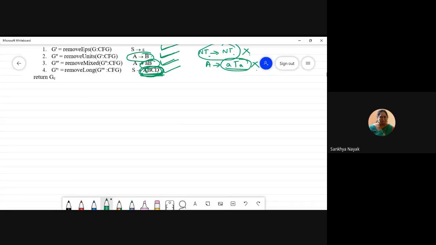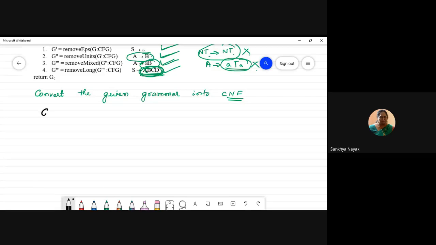The question will be asked like this: convert the given grammar into Chomsky's normal form, CNF format. How do we do this?